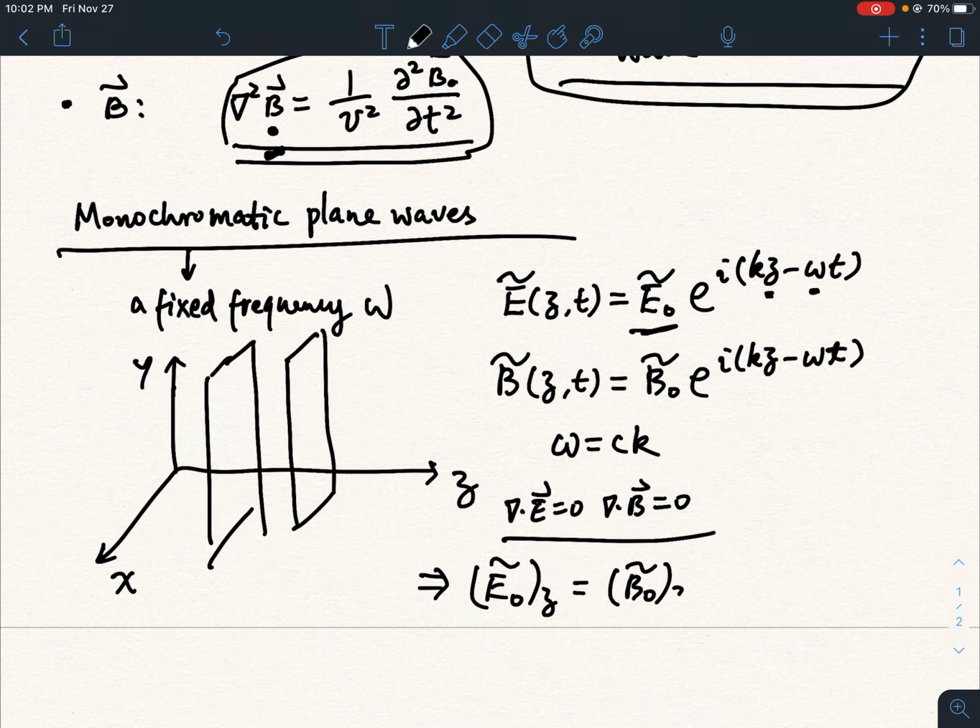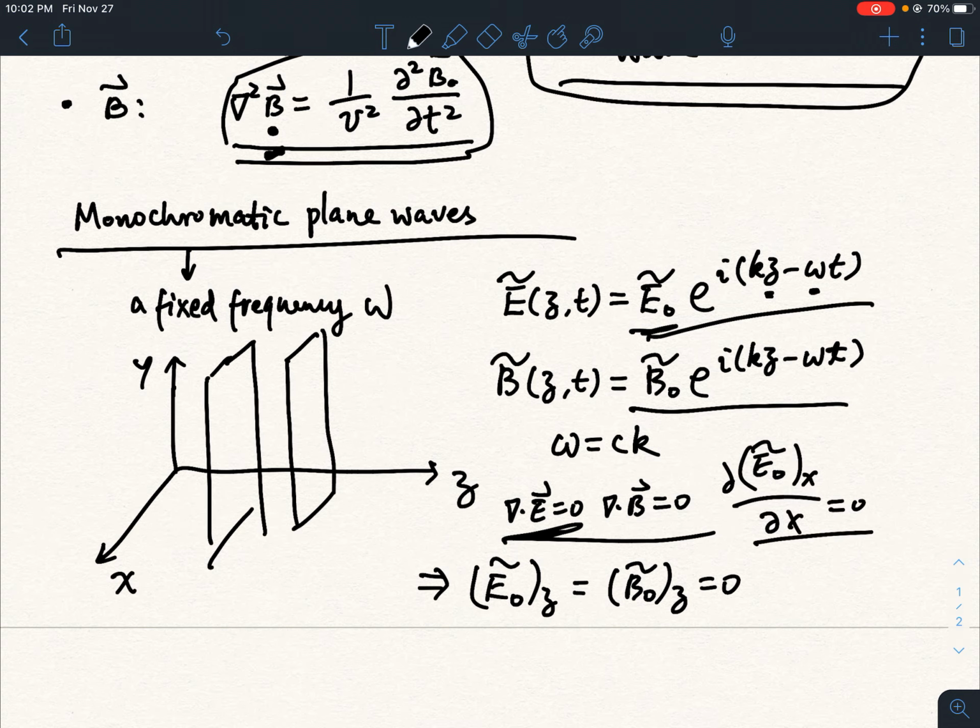You just do the derivative, and we know that E0x has no x dependence, and the same for the y component.